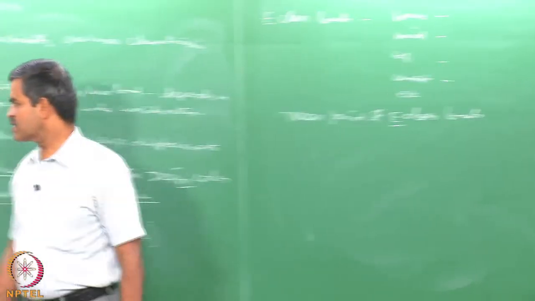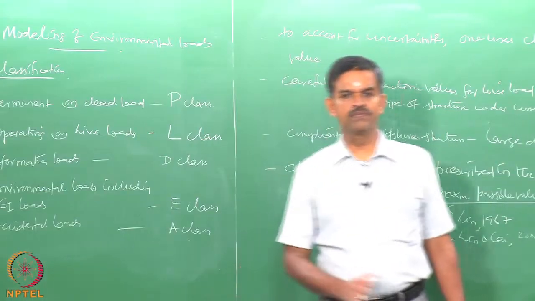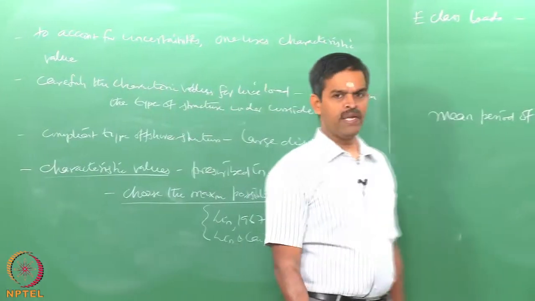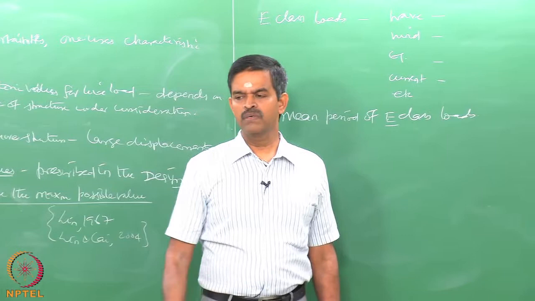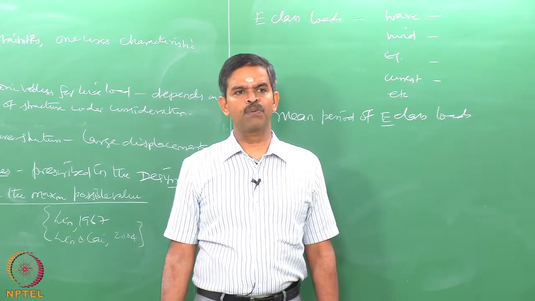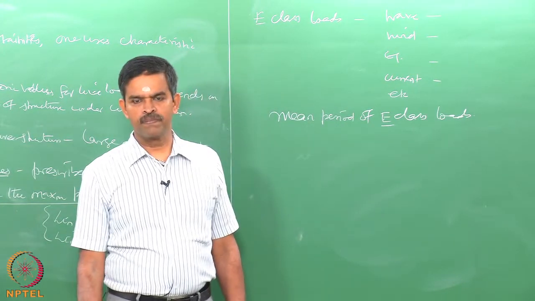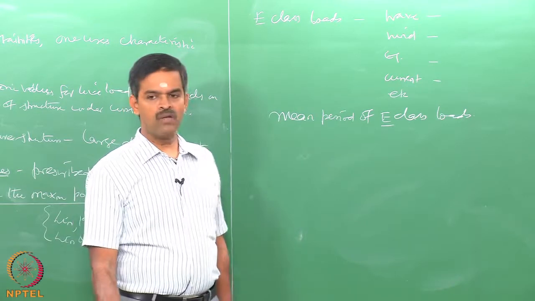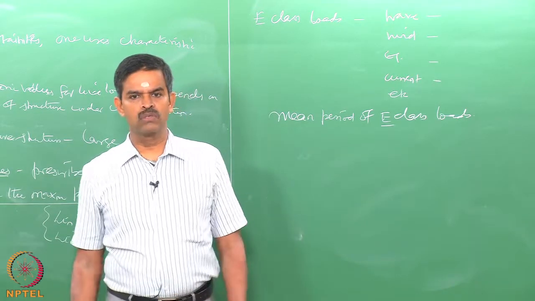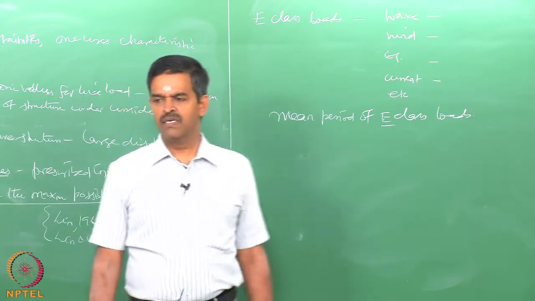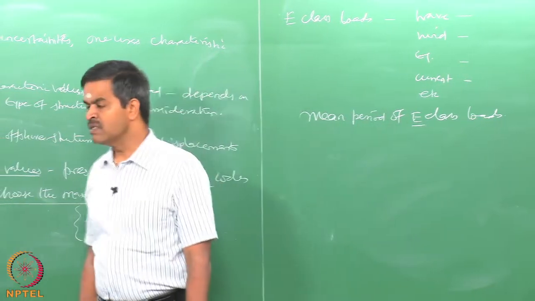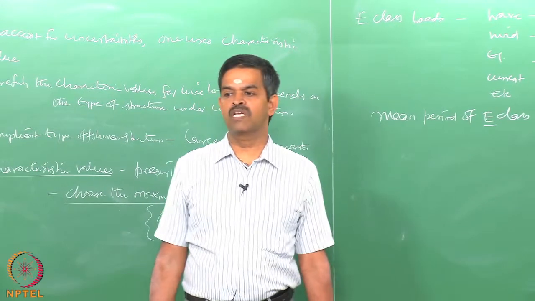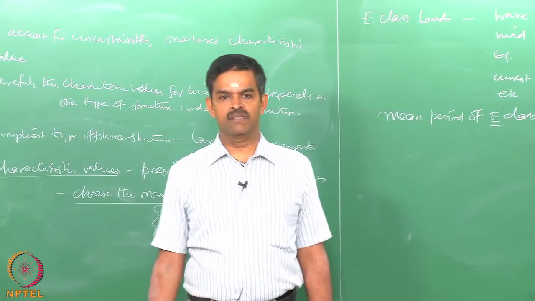The last one is the external class of loads, A class loads, which are experienced by the platform from different conditions like collision, drop objects, explosion and fire. The characteristic value associated with A class loads should be carefully selected depending upon the subject matter of investigation, operational manner and experience and technology involved in safety and risk assessments.